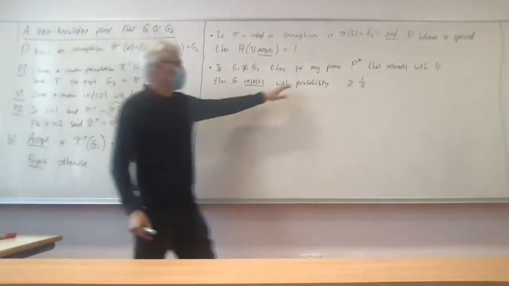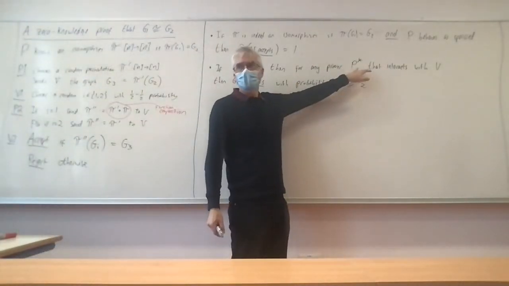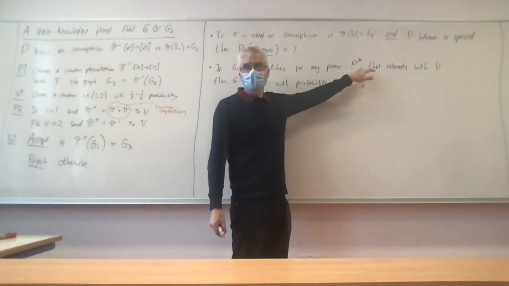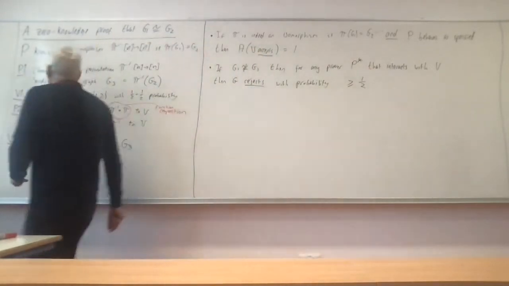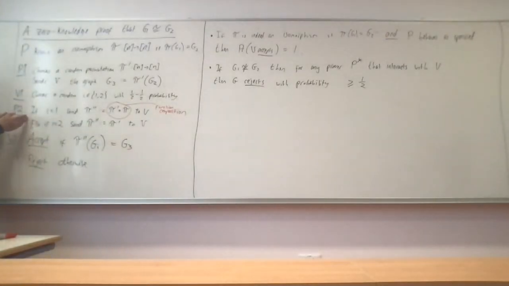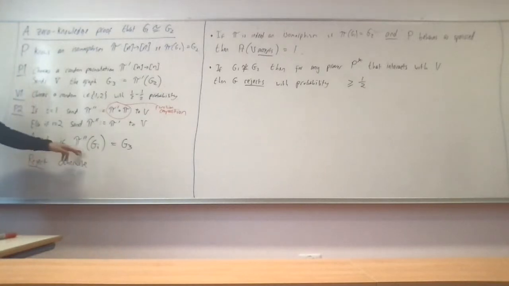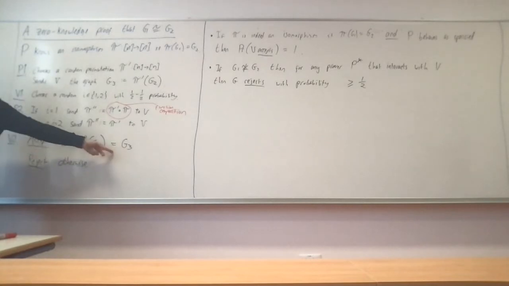We're having a prover P star, but all it needs to do is interact with the verifier. It might be trying to deceive the verifier. So we can't guarantee that the prover is doing what it says it's doing here. All we can guarantee is that the prover sends some isomorphism, and we need to check whether or not the isomorphism we get back from the prover satisfies this equality.